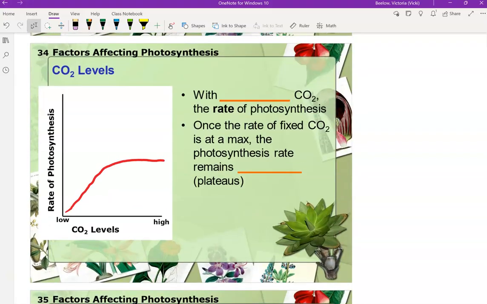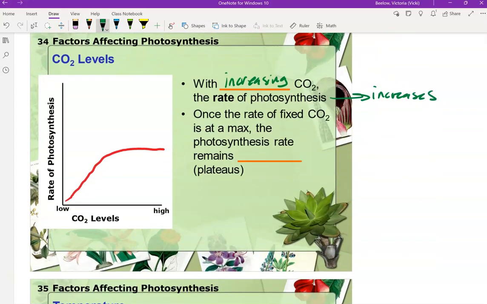With increasing carbon dioxide, the rate of photosynthesis increases. Again, you need this for the dark reactions to occur versus light, which you need for the light reactions to occur. And again, we can only use so much carbon dioxide at once, so that rate would plateau at some point.